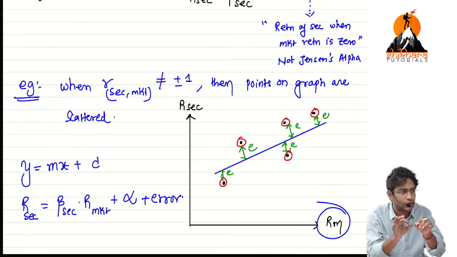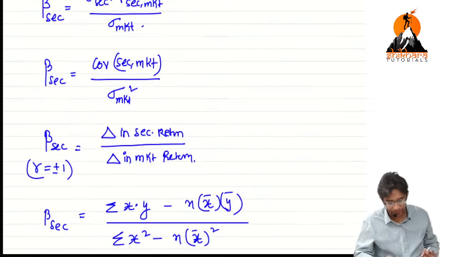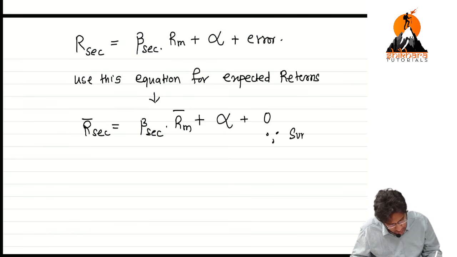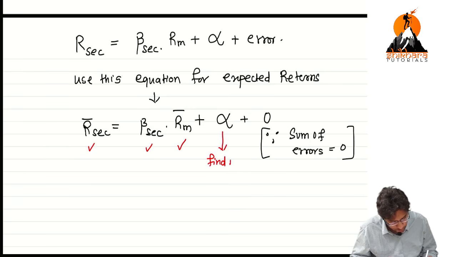The moment you try to take average, it will become 0. If you want, I'll prove it while doing the sum. Surely it will become 0. So the error part will become 0, sir, since sum of errors is equal to 0. That's all. That means we know this, we know this, we know this. This one, find now.